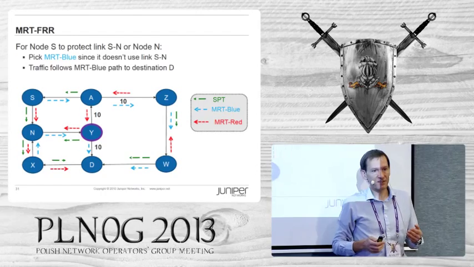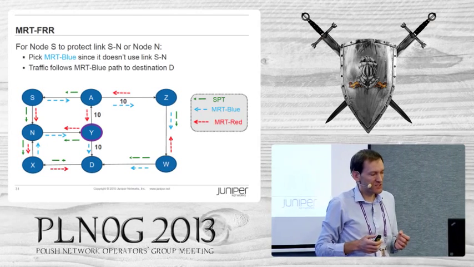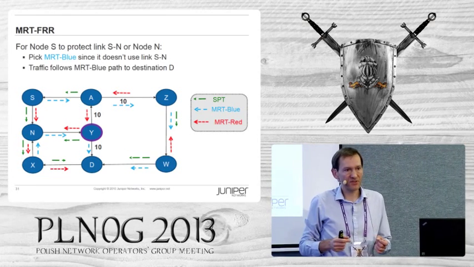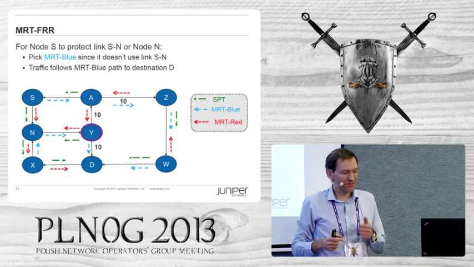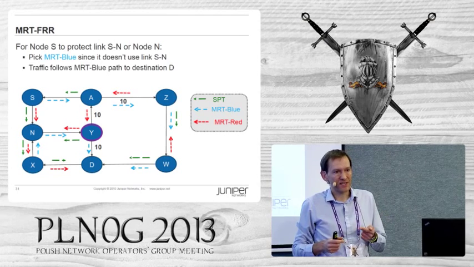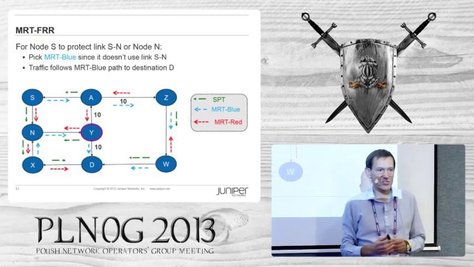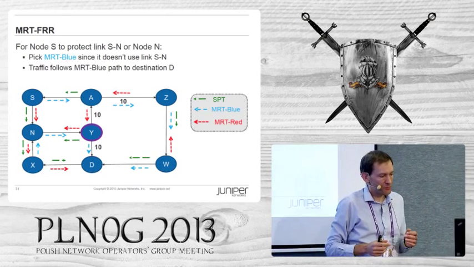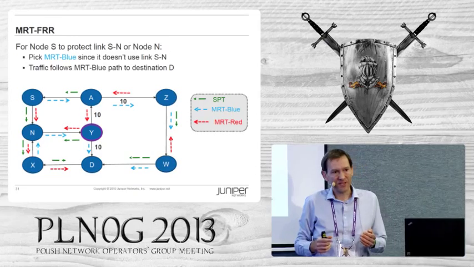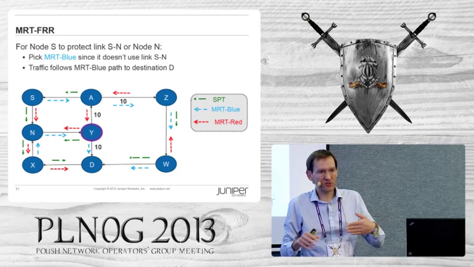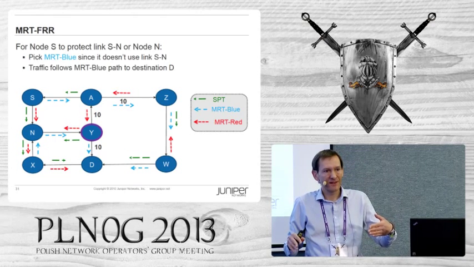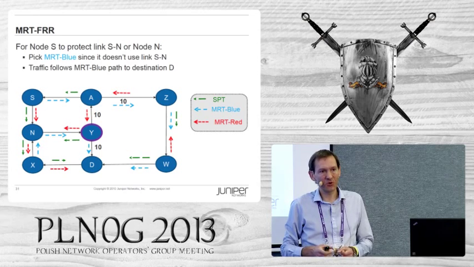With the maximally redundant trees, what each router does is also compute what's known as the blue tree and the red tree rooted at this particular destination. And the red tree and the blue tree have the properties that they are as disjoint as possible, which makes them very good for acting as a fast reroute scheme.